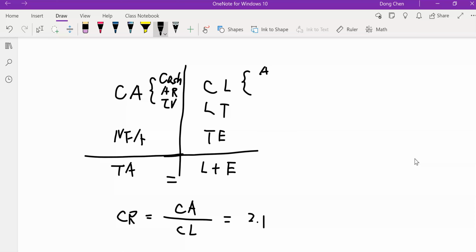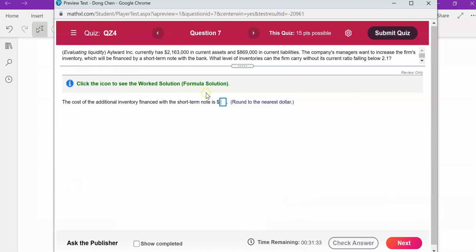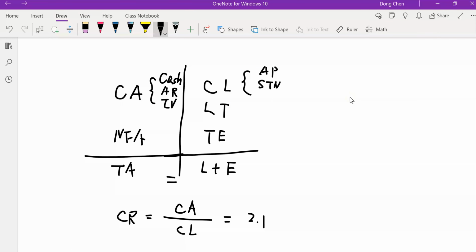It could be accounts payable, a short-term note or notes payable, and other current liabilities. When we link this structure back to the setup, it's saying that the firm wants to increase the inventory. So the inventory here will increase, and we alter this inventory.